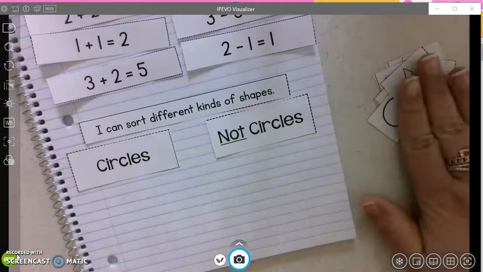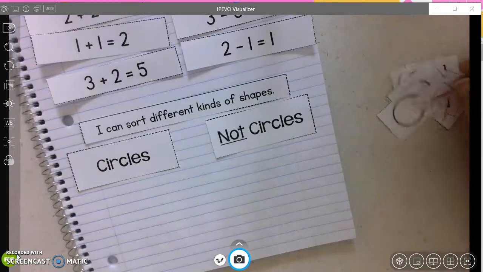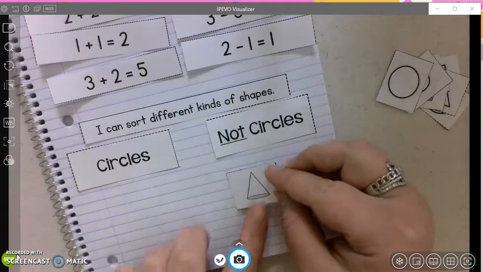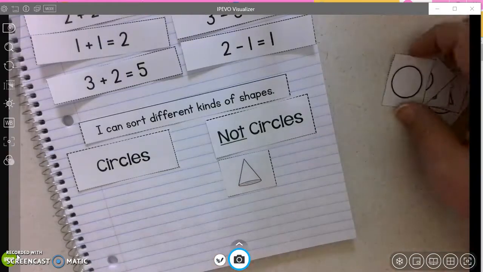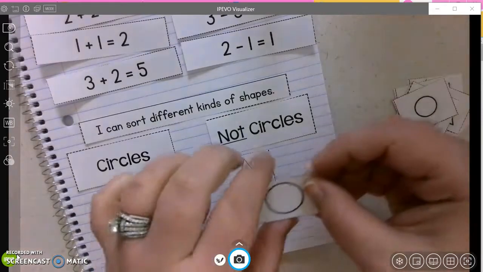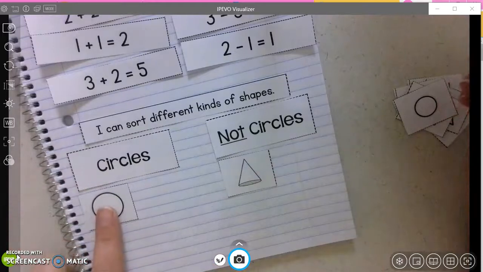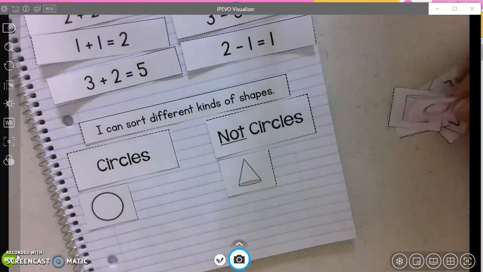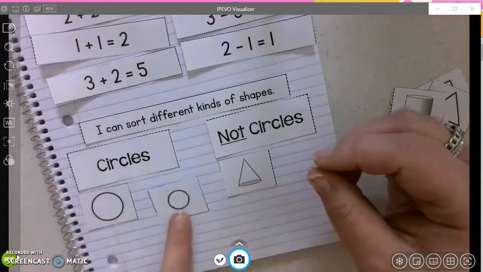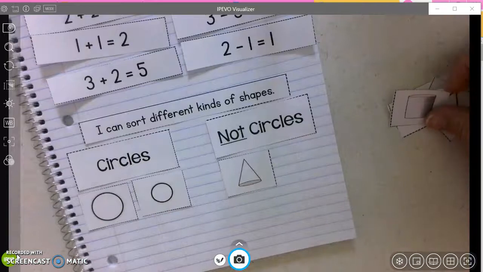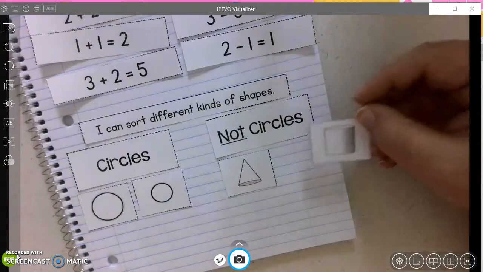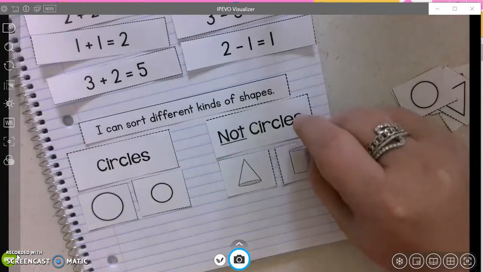So, all my shapes are in a pile, and I'm just going to go off the top. Is this a circle? No, this is a cone. So I'm going to put it over here. Is this a circle? It sure is. So I'm going to put it over here under circles. Is this a circle? It sure is. It's a little bit smaller than this other one, but it's still a circle. Is this a circle? This is the shape of a soup can or a cylinder.